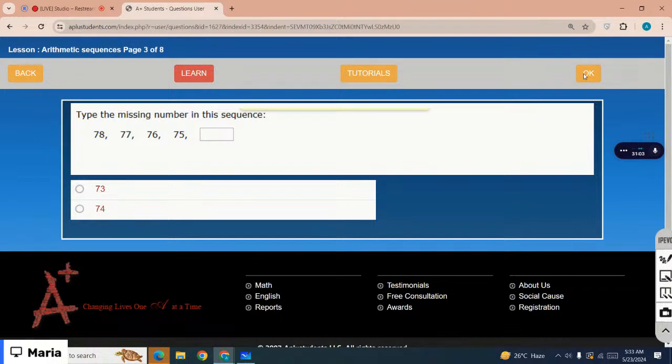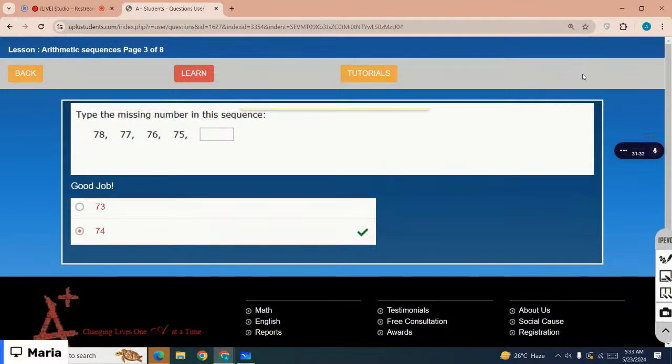Type the missing number in the sequence. So which is the missing number? The correct option is 74. Option number 2 is the correct option.